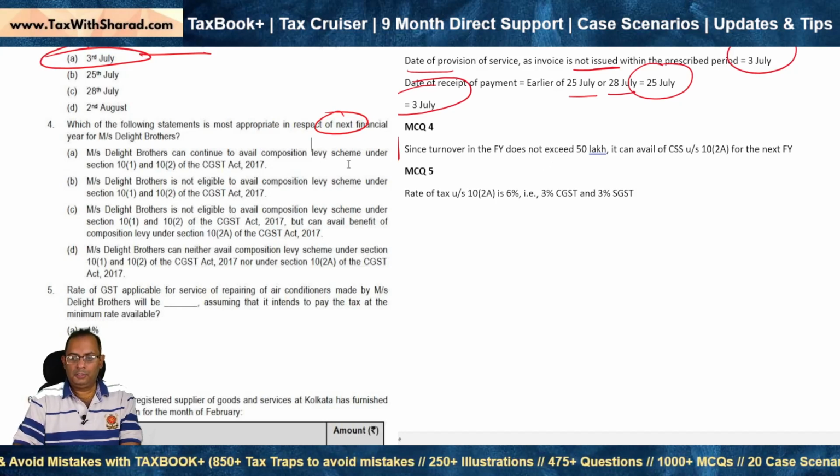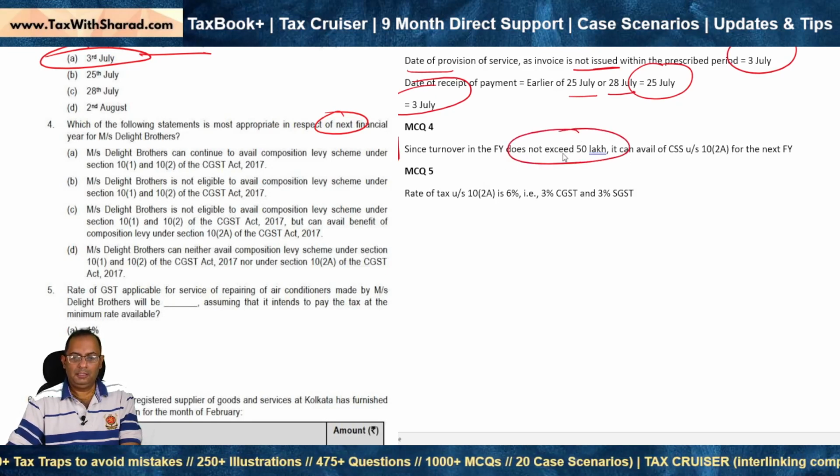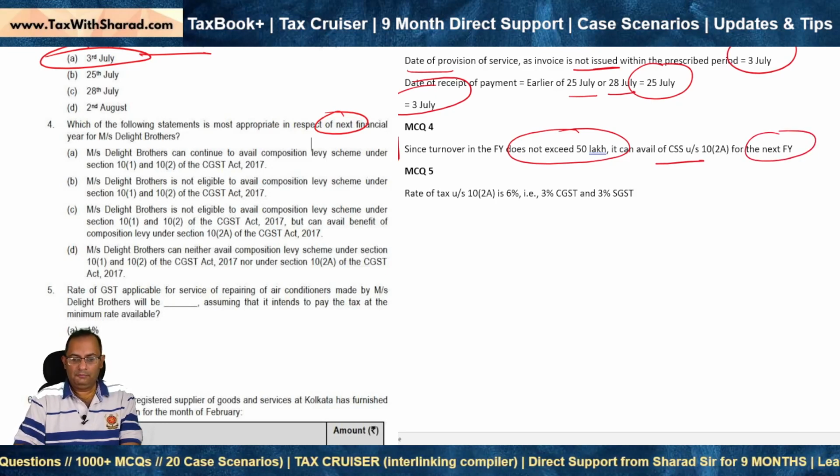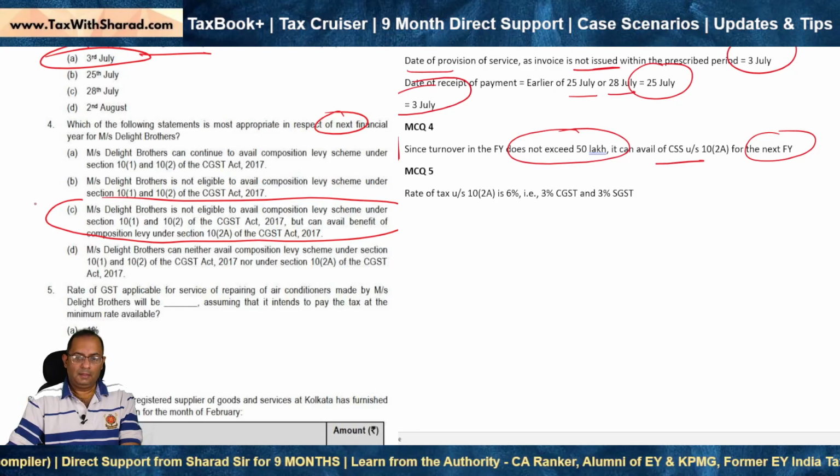In our case, it's already given that the turnover for the current financial year was 48 lakh, so this condition is met, therefore it can avail of CSS under section 10(2)(a) for the next financial year. And therefore, option C is the correct option.